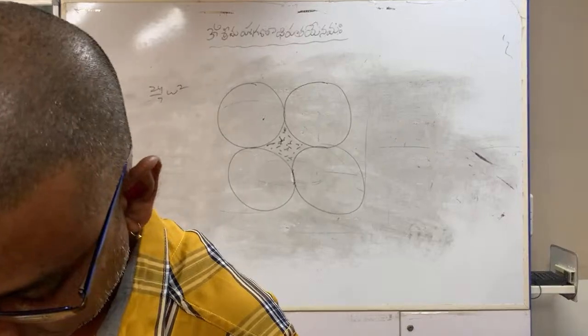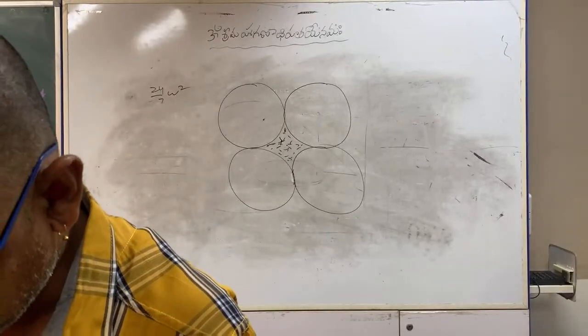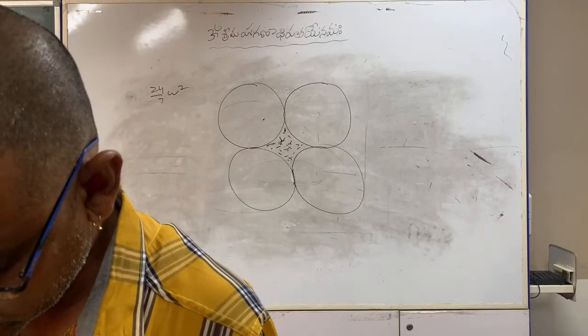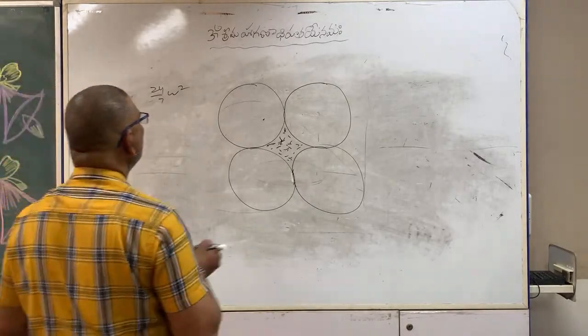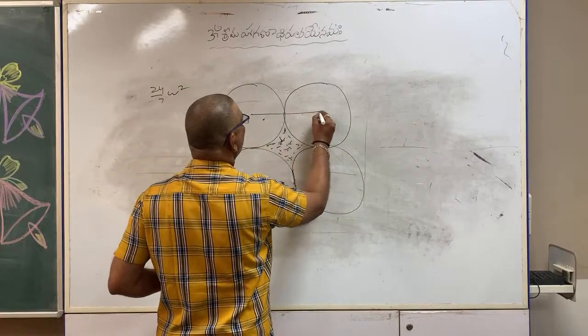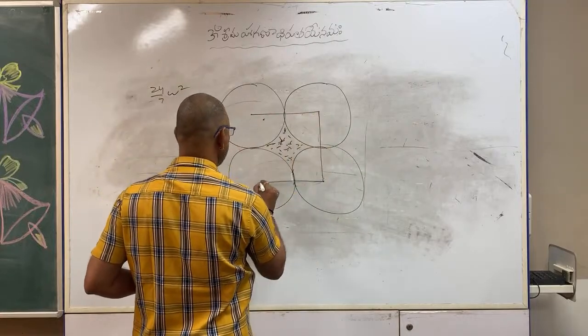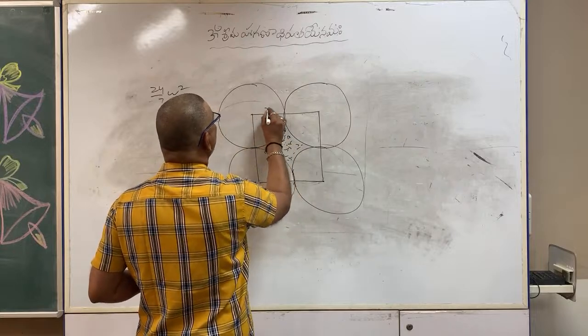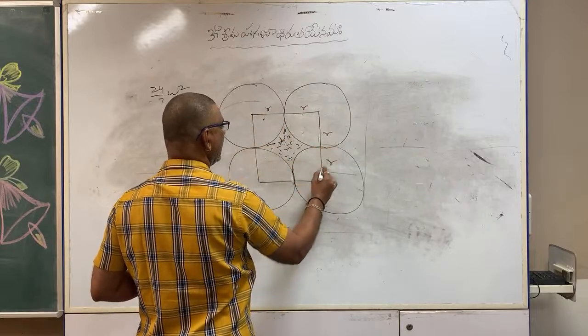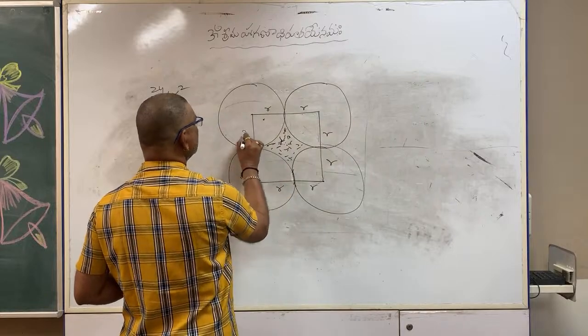Four circles are described at the 4 corners of a square. This one is given. R is the radius.